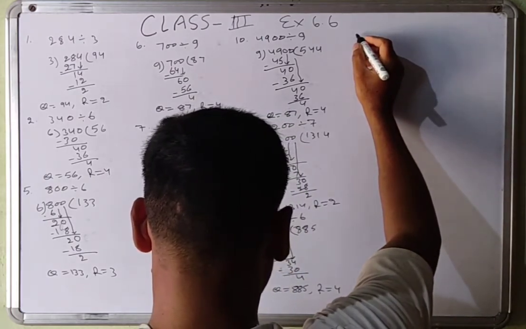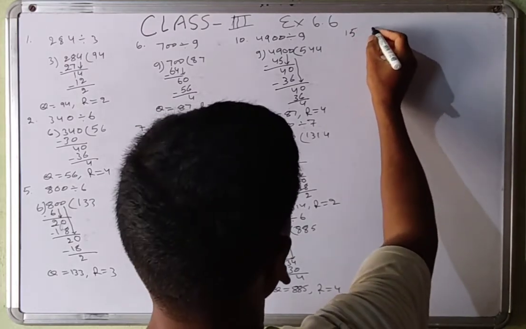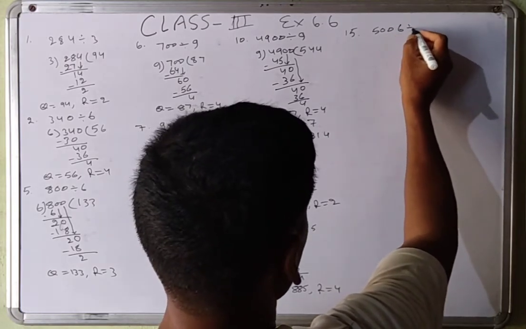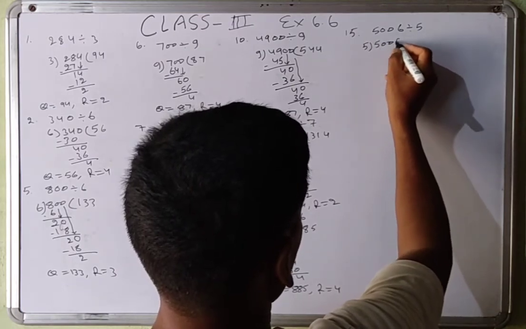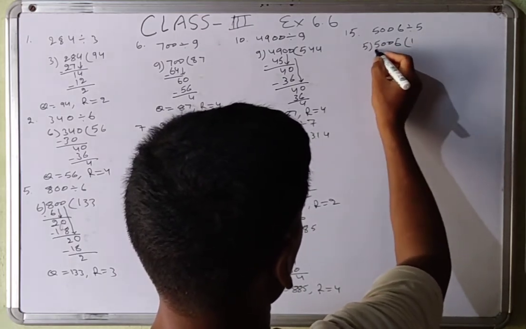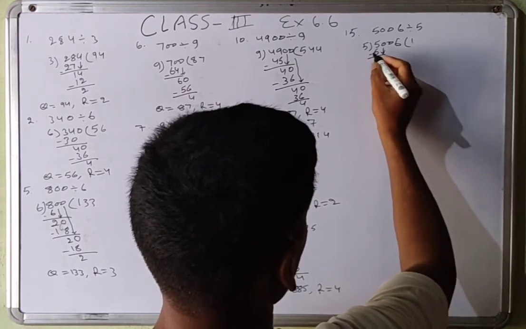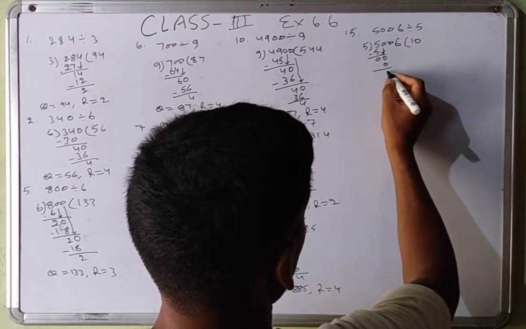Now question number 15. 5006 divided by 5. So 5. This is just a difficult type of question. 5 ones are 5, that's 0. The next digit is 0. So 0, 5 ones are 5, that 0.